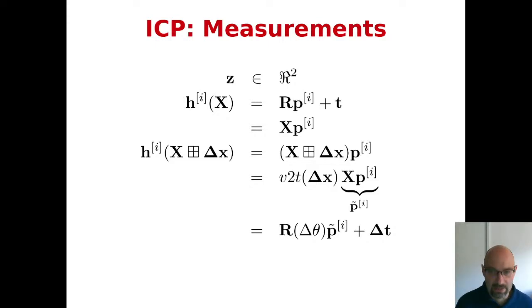I recall that the transformation we are estimating maps the world in the robot frame. So to have the prediction of the point, we take this point, we rotate it by R and we shift it by t, which we could, with an abuse of notation, write as capital X multiplied by pi. If this should be consistent, this pi should be a homogeneous point having a 1 at the last component, but we live happily with this abuse.